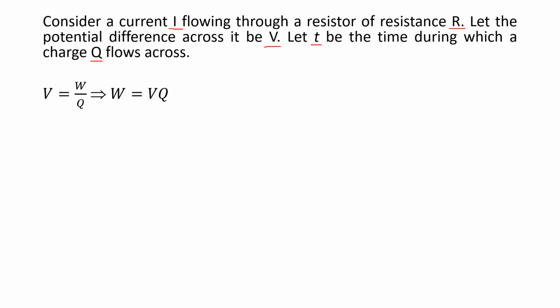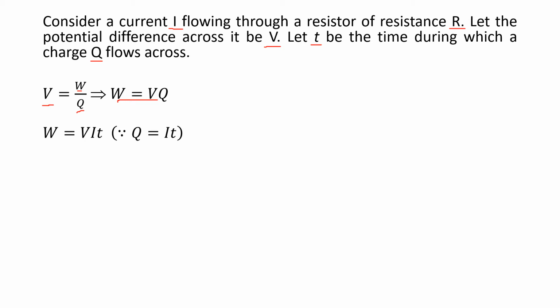So we have, by definition, volt is equal to work done upon charge moved from one point to another. Rearranging the equation, we get W equal to VQ. So work done in this circuit is potential difference into electrical charge. Now we can write W is equal to VQ, or Q is equal to IT.